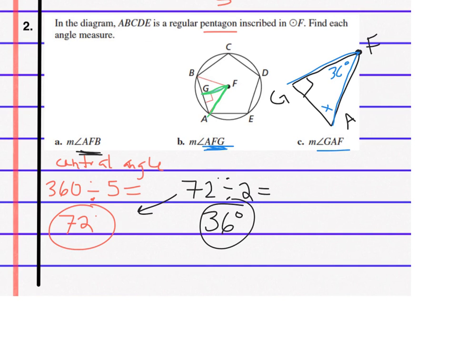We found that in part B by taking half of 72. We know every triangle has 180 degrees. So we can do 180 minus 90 minus 36, or you could even just do 90 minus 36, save yourself a little bit of work, and we get 54 degrees.